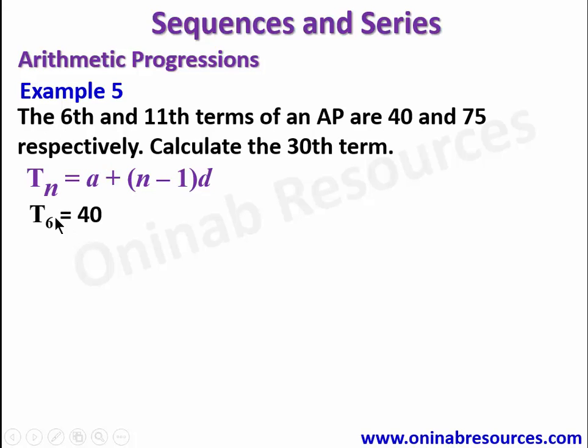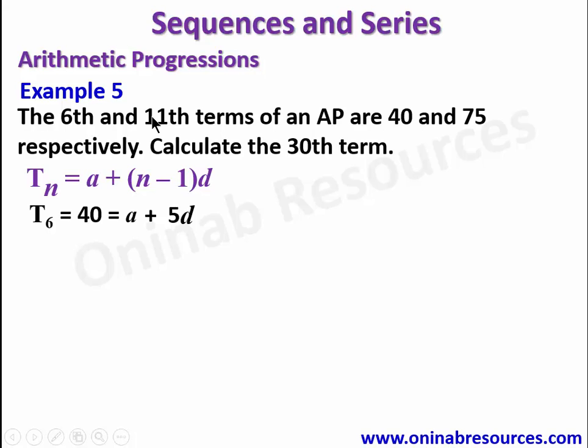We are given T6, which is equal to 40. And remember, for an AP, the general formula for term 6 is A plus 5D, because 6 minus 1 is 5D. So we have it as A plus 5D.